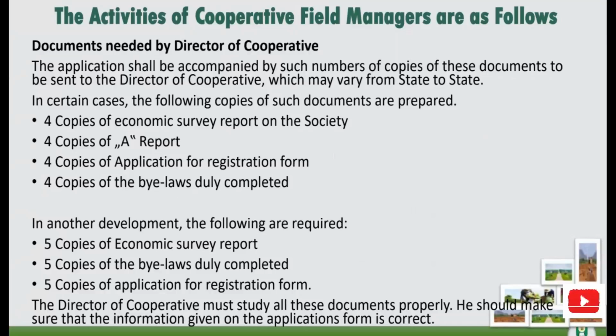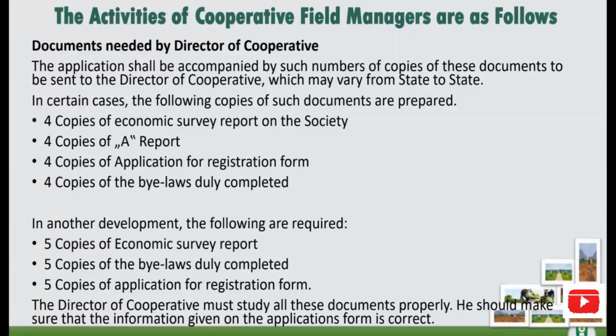In certain cases, the following copies of documents are prepared: 4 copies of the economic survey report on the society, 4 copies of the A report, 4 copies of the application for registration form, and 4 copies of bylaws duly completed. In another arrangement, the following are required: 5 copies of the economic survey report, 5 copies of bylaws duly completed, and 5 copies of the application for registration form.